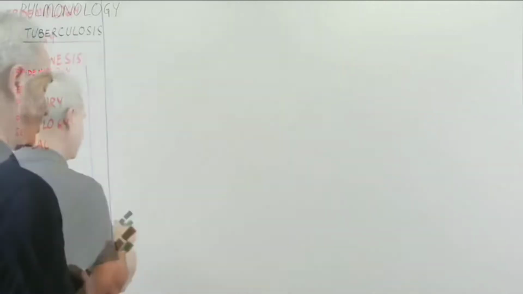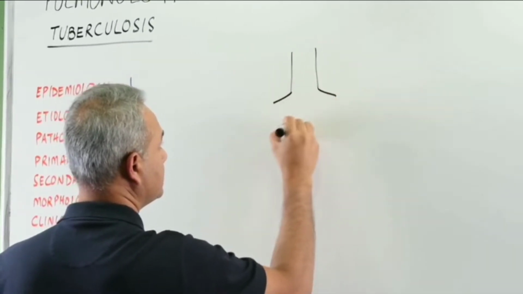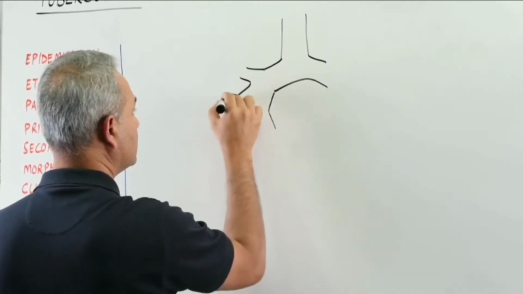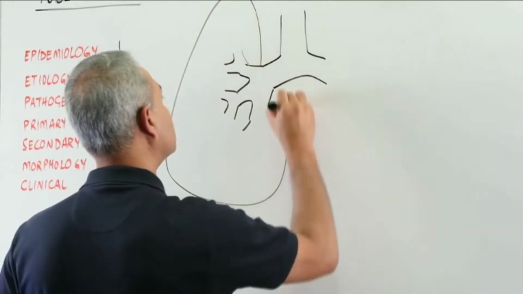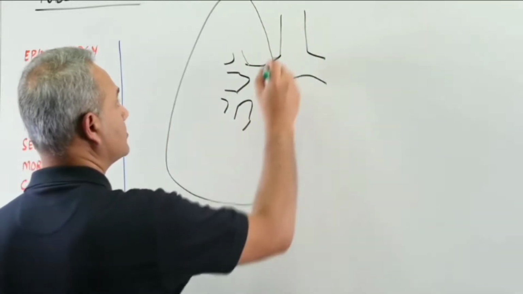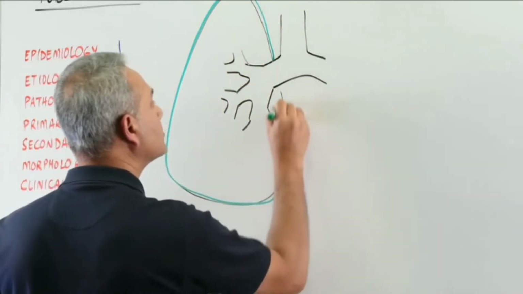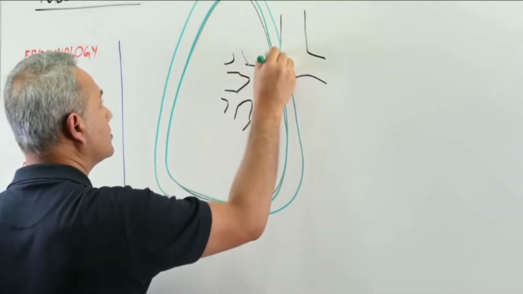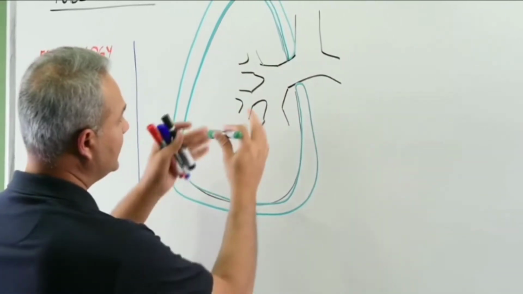So the secondary tuberculosis, let's make the structure here. Okay, so let's say this is the lung.